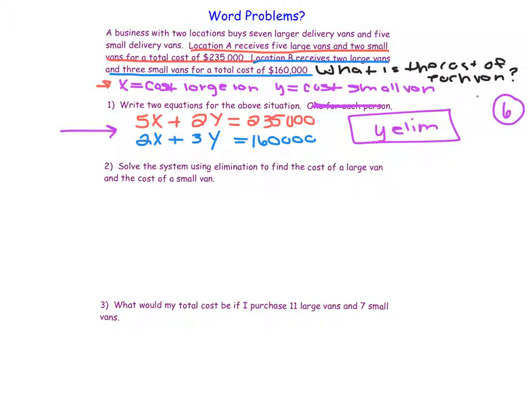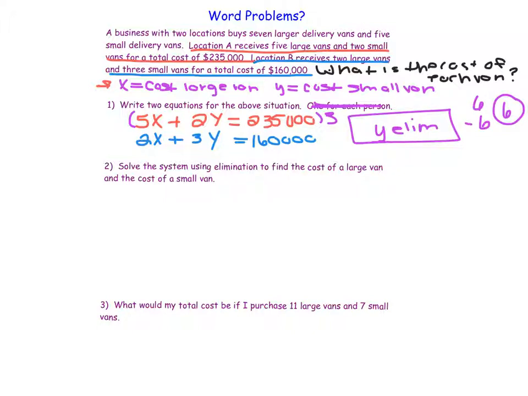I need one of these to be a positive 6 and one to be a negative 6. What would I need to multiply the first equation by to get the coefficient of y to be 6 or negative 6? If I multiply this first equation through by a positive 3, my coefficient of y will become 6.